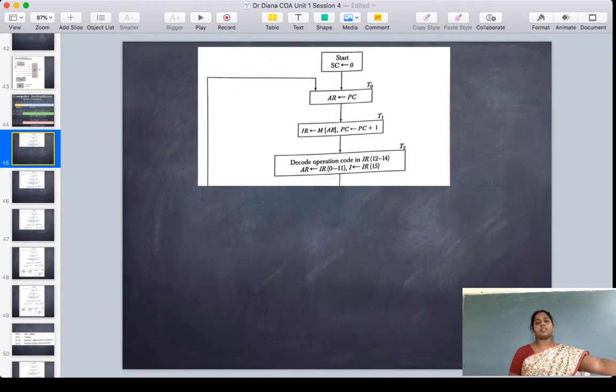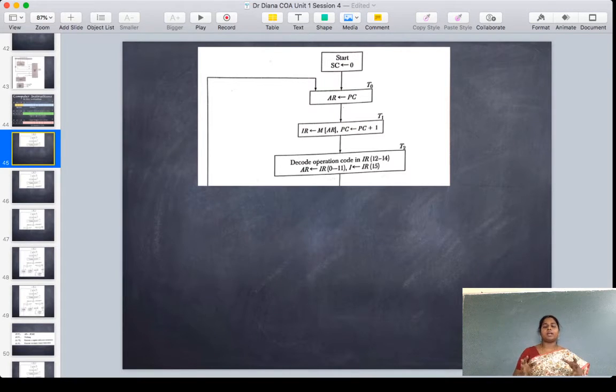Whatever address is there in the address register, only that the memory unit will look up. Anything you want to do with memory, you should first bring the address into the address register, and whatever data you take or write into memory has to be placed inside the data register. So these two registers are used for accessing the memory: one is for address, the other is for data.